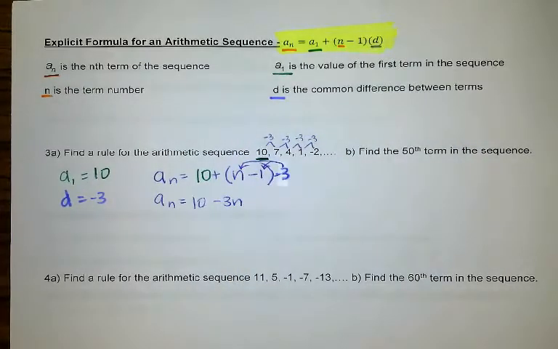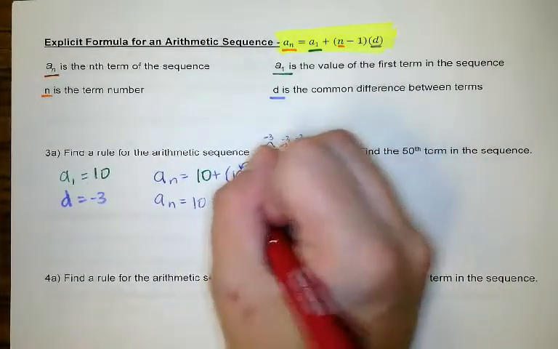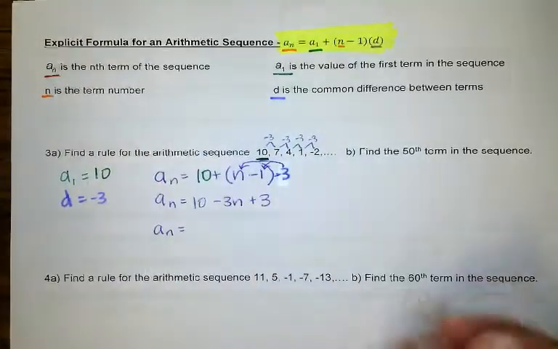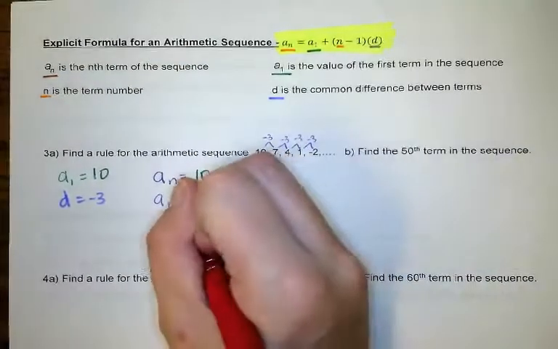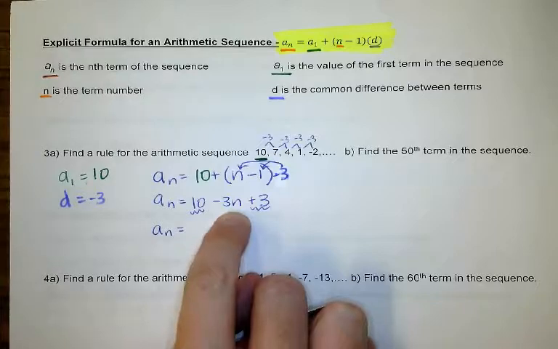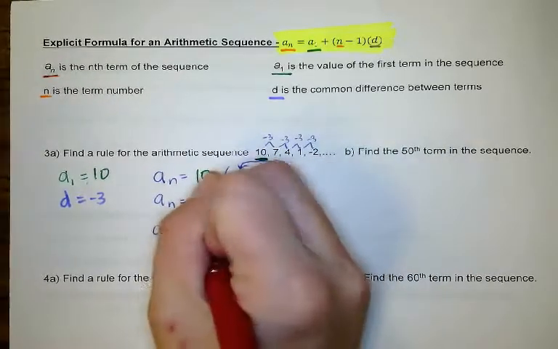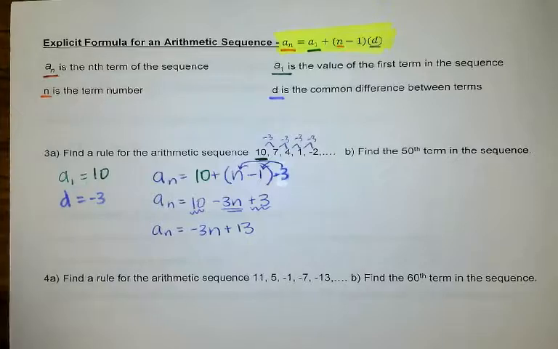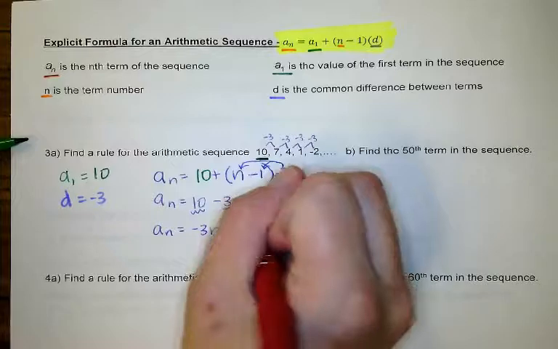Now we just need to combine like terms. Are you guys cool if we put the n in the front just because I'm used to that? So that would be negative 3n plus 13. That's our rule. We just wrote a rule for our arithmetic sequence.